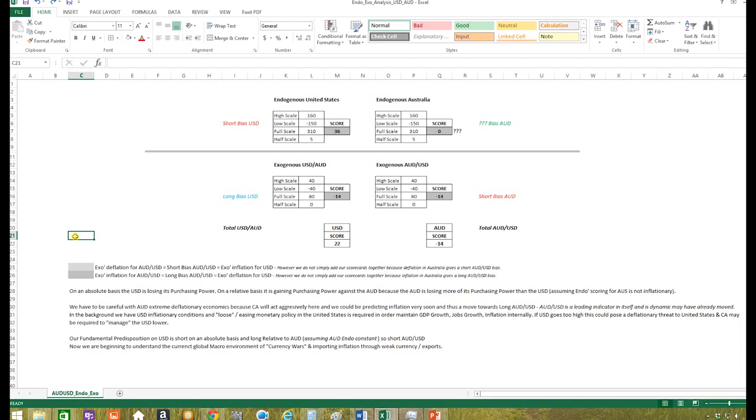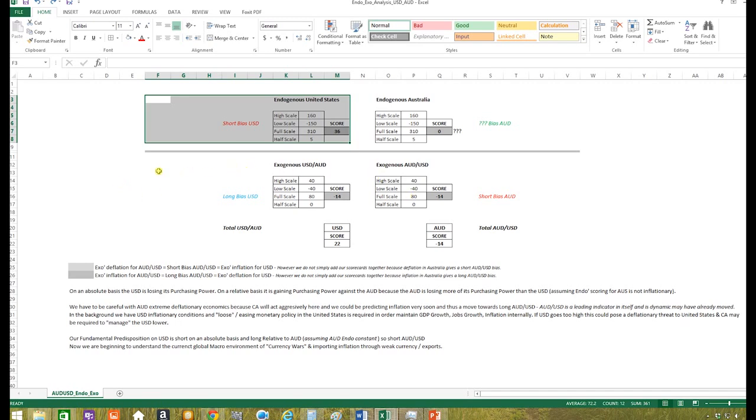So if the US dollar goes too high, this could actually pose a deflationary threat to the United States, and central authorities might be required to manage the US dollar lower again. So we know from all of our drivers in endogenous analysis that we end up with inflationary conditions, and that loose or easing monetary policy in the US is required further to maintain GDP growth, jobs, and inflation.